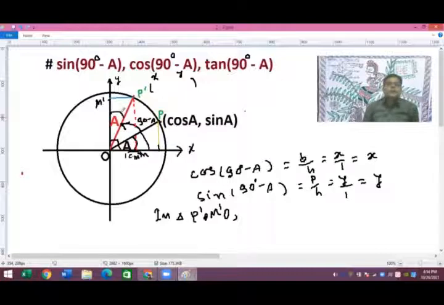Alright, so what you can write here is that in this case if you write sine A, that is going to be P by S again, but now this is in the triangle P dash m dash O. Alright, and you can see along this way this is parallel to the x-axis, and it is stopped here.